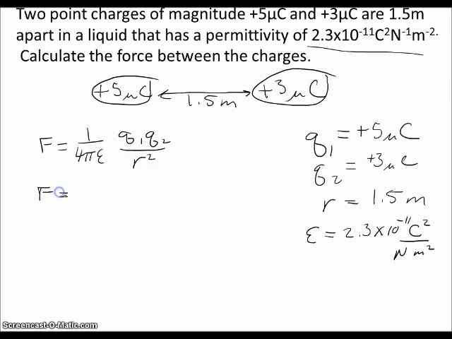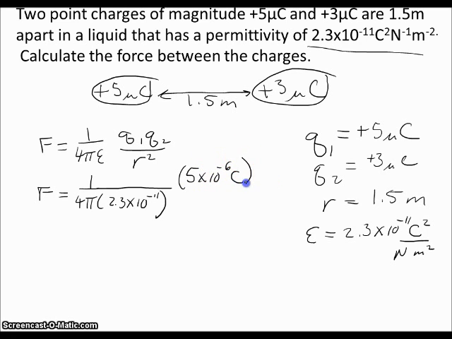So force is equal to 1 over 4 pi. I'm going to write my epsilon value in there, 2.3 times 10 to the minus 11.